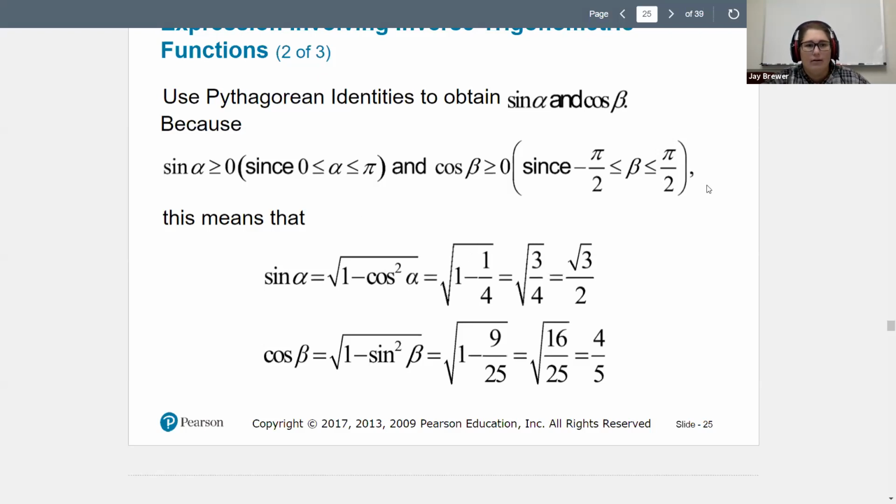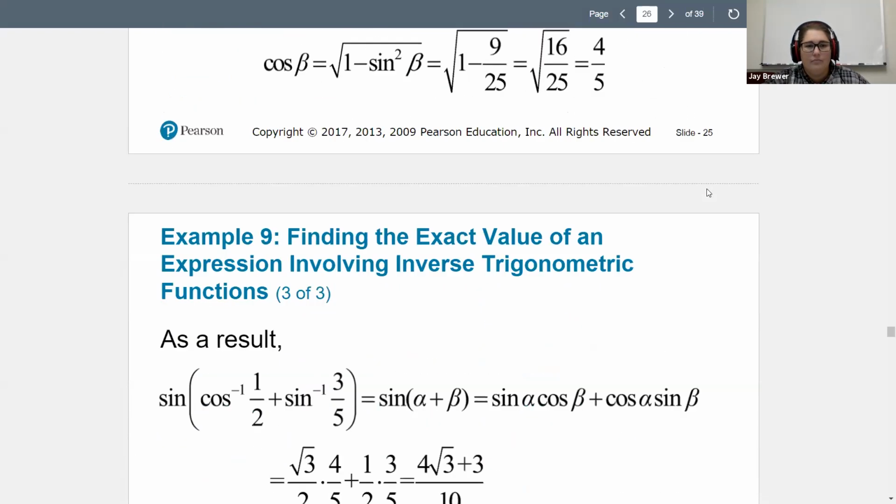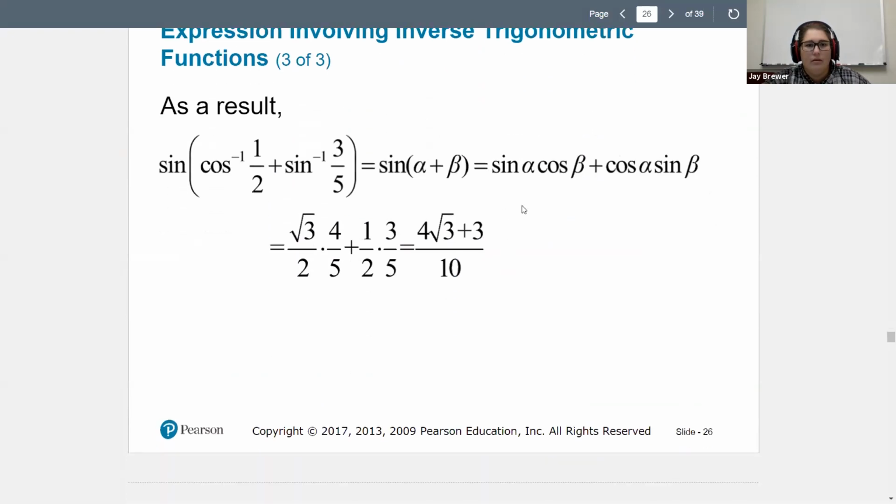You could draw the diagram. If you plug everything in, you will get radical 3 over 2 times 4/5 plus 1/2 times 3/5, and you end up getting 4 radical 3 plus 3 over 10, right? Any questions on that example?